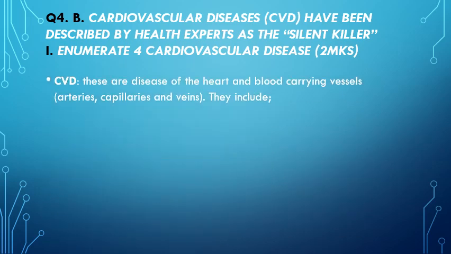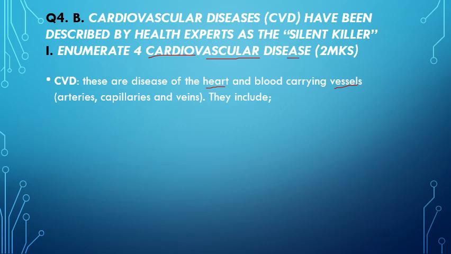Before we start enumerating the cardiovascular diseases, I just want us to know what cardiovascular diseases actually are about. Now, very simple. Cardiovascular. When you look at cardio here, it simply stands for what? It simply stands for heart. Vascular simply stands for what? Blood carrying vessels. And disease.